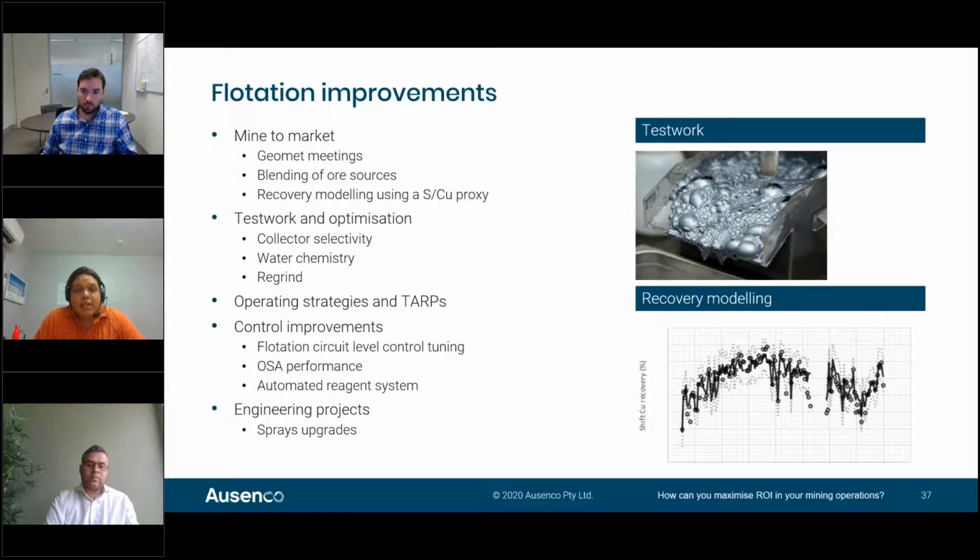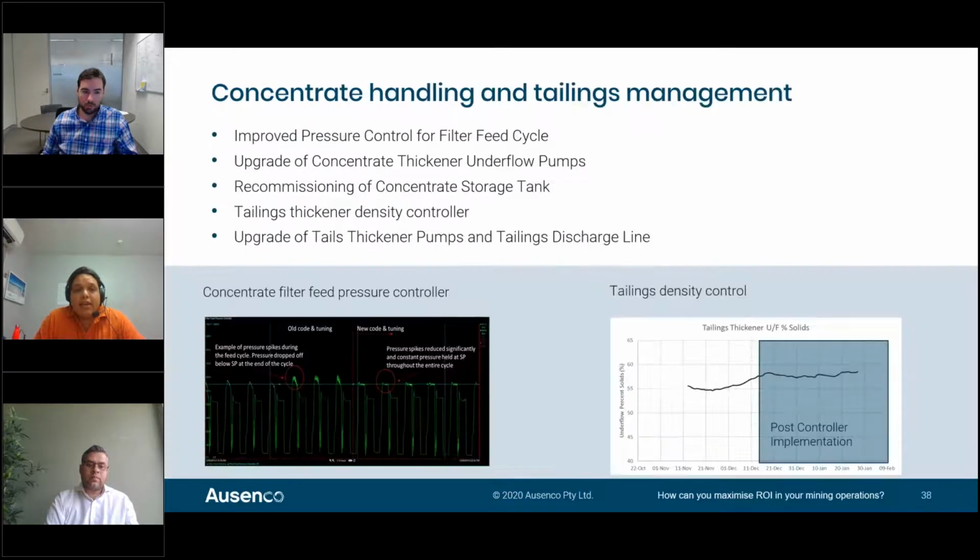Going to the next slide, in the concentrate handling and tailings management areas, we also made a number of improvements, and related to the concentrate filter, it had issues with the feed pressure, which we were able to overcome and reduce the likelihood of causing filter plates cracking.